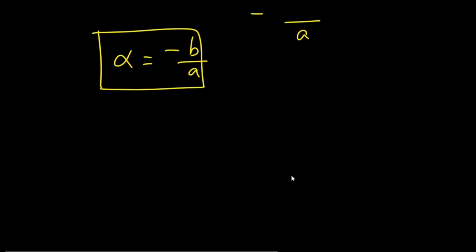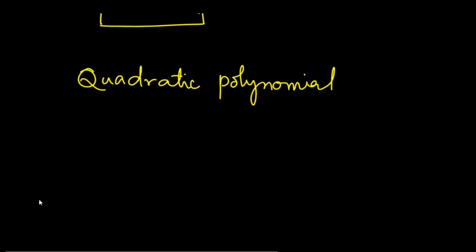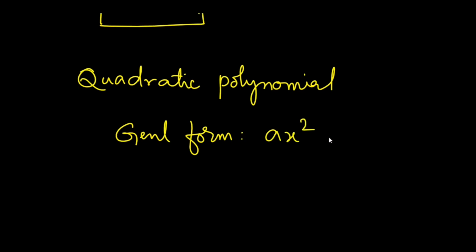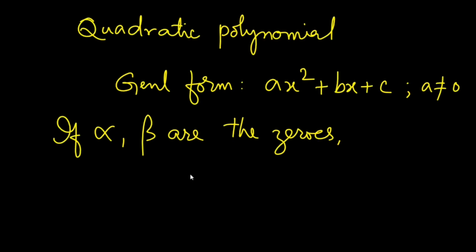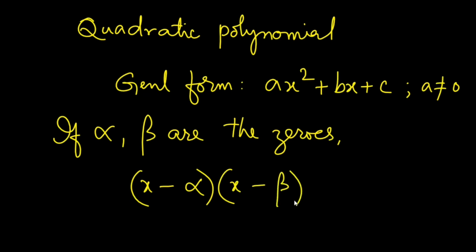Now let us see the relation for quadratic polynomial. The general form of a quadratic polynomial is ax square plus bx plus c. Here a is not equal to 0. If alpha and beta are the zeros of a quadratic polynomial, then we can form the quadratic polynomial as x minus alpha into x minus beta.